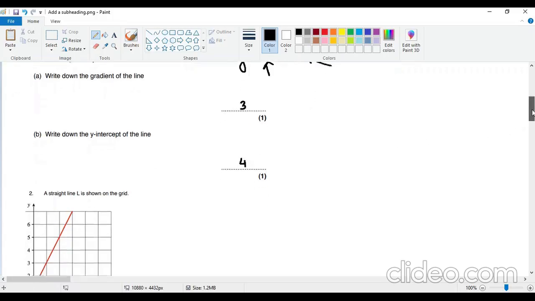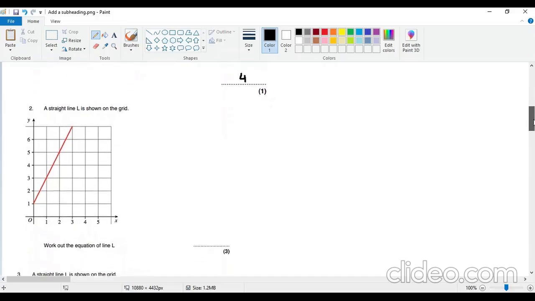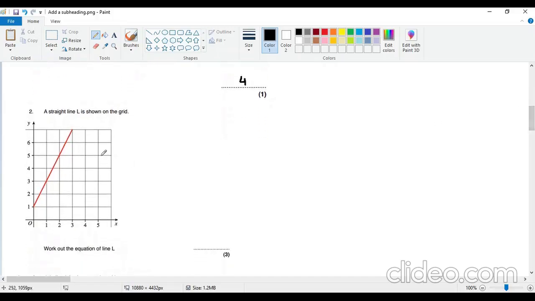Next comes a question. It says a straight line L is shown on the grid. Work out the equation of the line. Now always remember that this point is the y-intercept. So when you write y equals, we will work out the slope of this line, and you know the constant number is 1, so we write 1 like this.